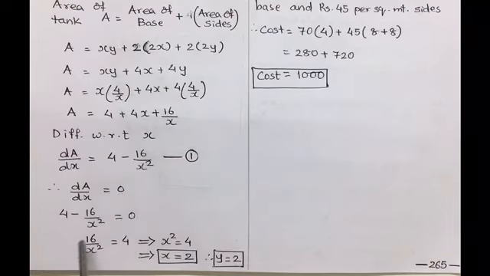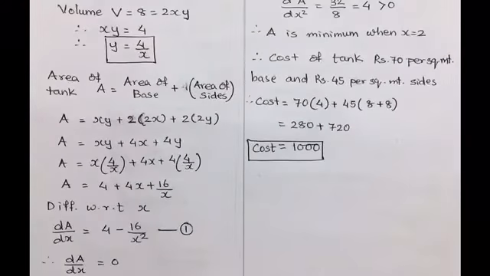Equating it to 0, we get 4 minus 16 by x square equal to 0, 16 by x square equal to 4. Cross multiplication will give x square is equal to 4. Therefore x will be equal to plus or minus 2, but as it is dimensions, we have to take only plus 2. If x is 2, keeping in y is 4 by x, so y also is 2.